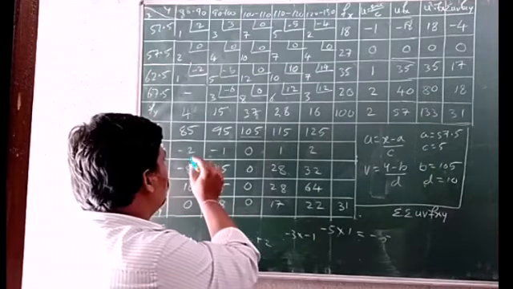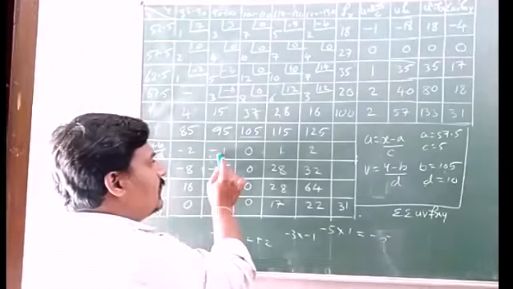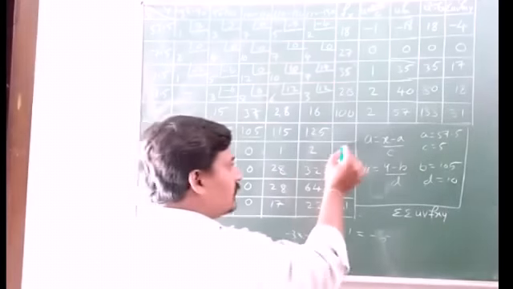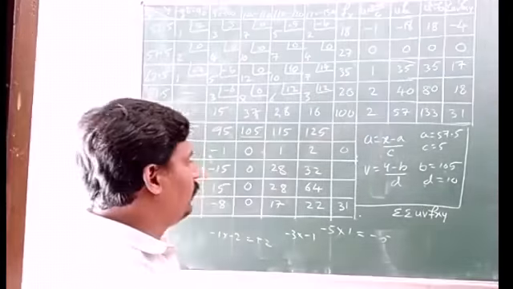V column total: minus 2, minus 1, minus 3. Minus 3 plus 1, minus 2. Minus 2 plus 2, 0. I think we don't need the total of the u and v column here.